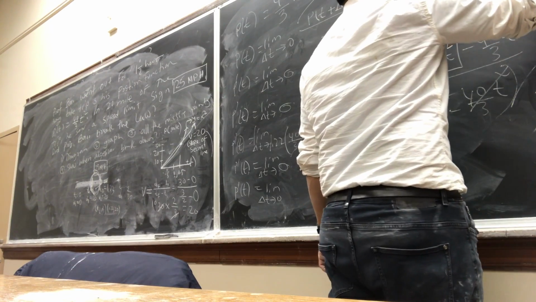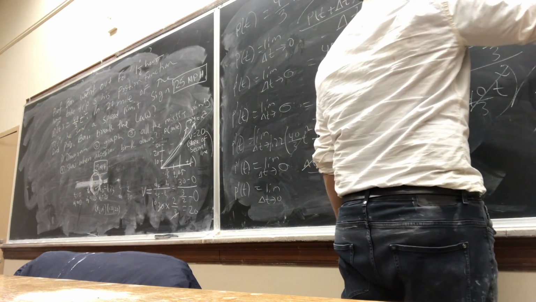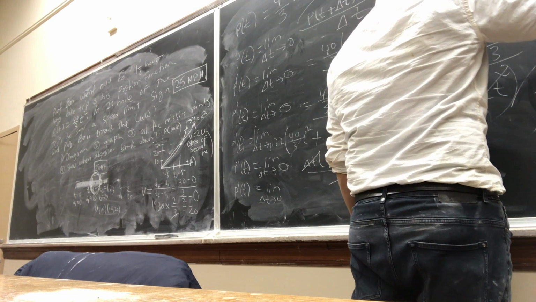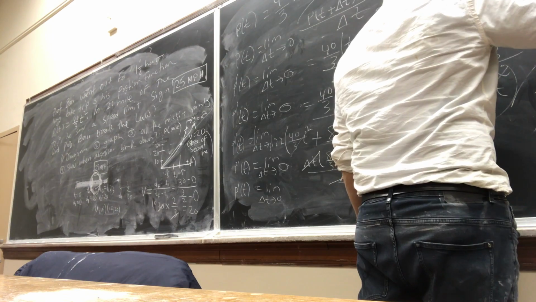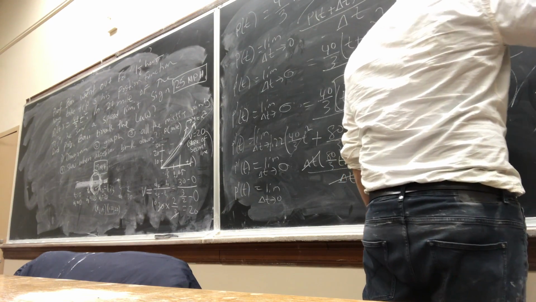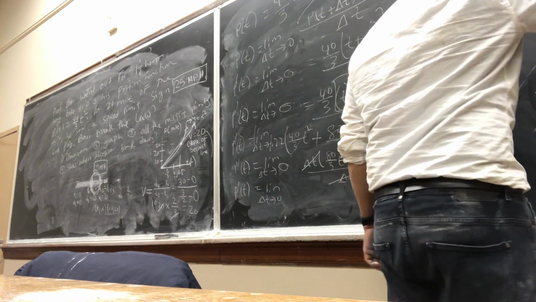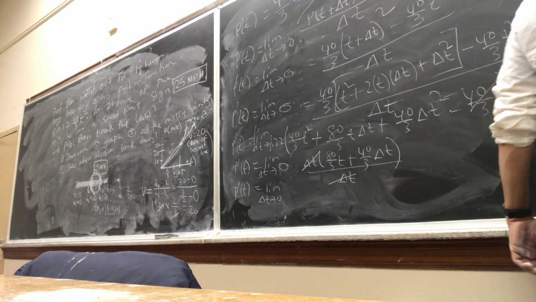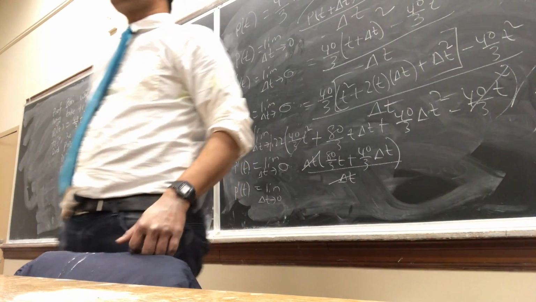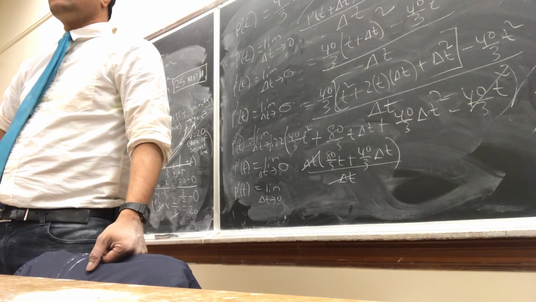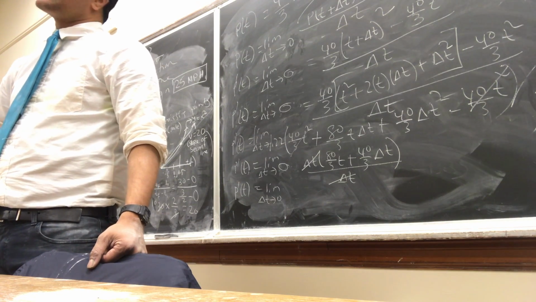Delta t goes to 1.1. Delta t goes to 1.12. Delta t goes to 1.19. Delta t goes to 1.99999999999 and 9 forever. What does that mean? Delta t goes to 1.22. And what does that mean?